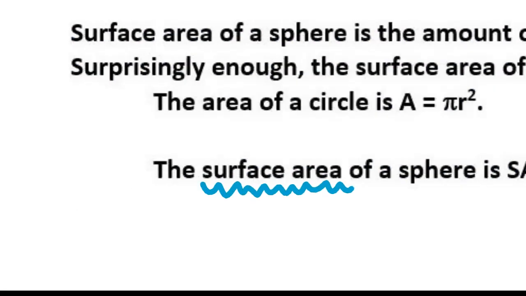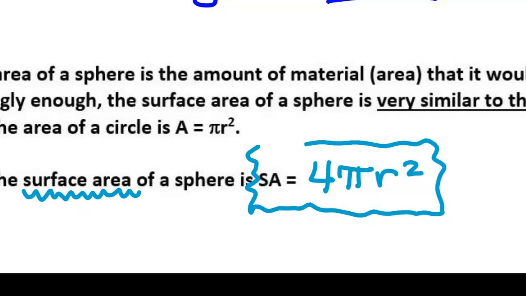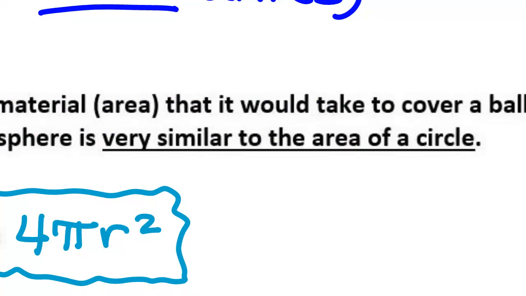Surface area for a sphere is 4 pi r squared. And surface area gets squared units.